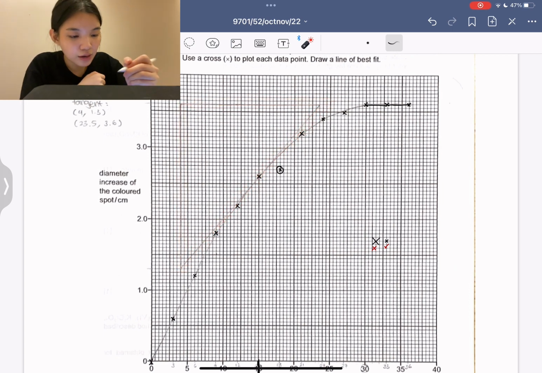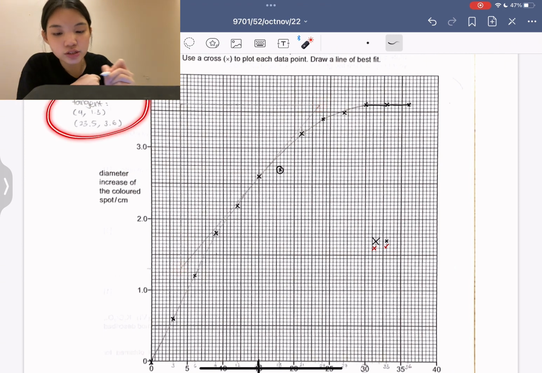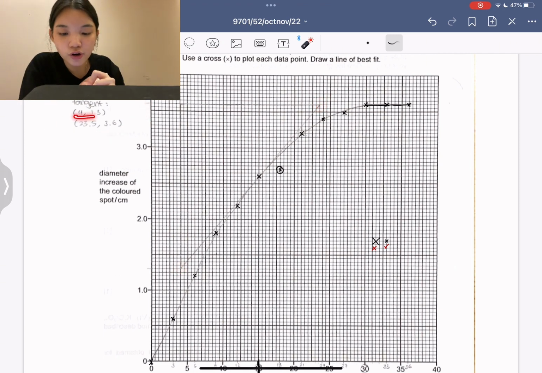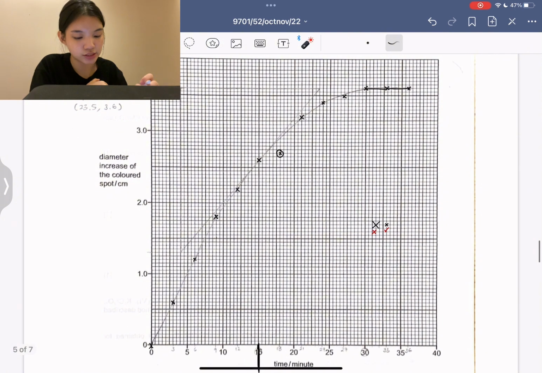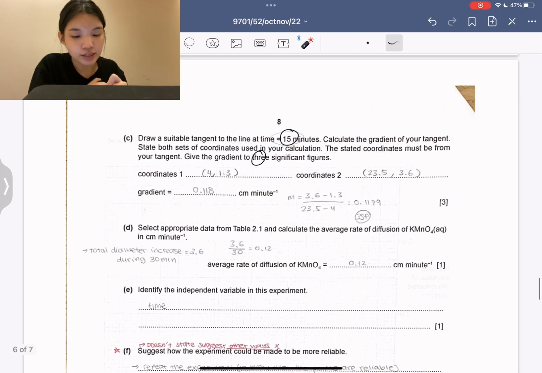Then I'm going to take the corner coordinates, this one and this one. Then I got coordinates of (4, 1.3) and (33.5, 3.6). Then I inserted here and I calculated the gradient.